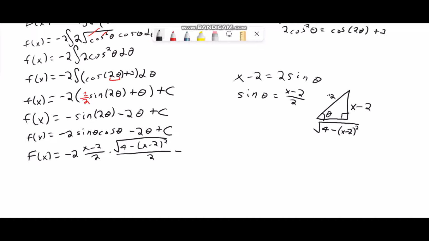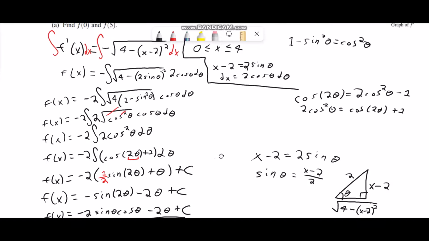All right, then we have minus 2, and theta, to get theta, we can take the inverse sine on both sides here, and we'll get theta is the inverse sine of x minus 2 over 2. And then we still have the plus c. All right, so now we have a function for f of x. And just to make a little simplification here, I'll cancel out these 2's. Okay, so now we can use the initial condition to solve for c, and then we can solve the problem.